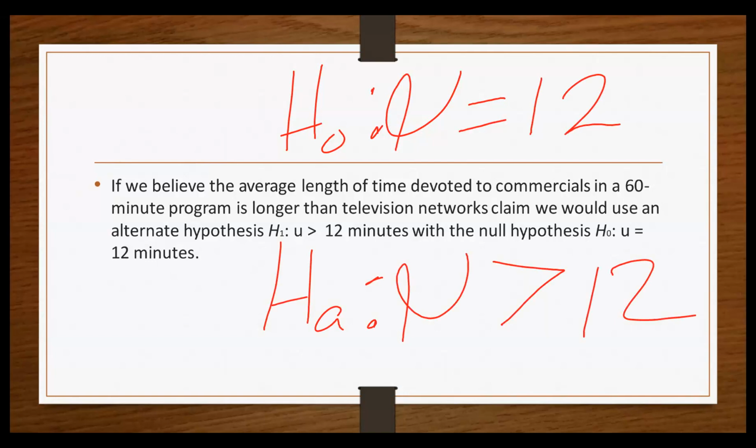So you follow the words. If you believe it's less, then you will put less. Sometimes they may not use these common words like less or more. They can say, if you believe that the claim exaggerates, meaning it is putting too much, like they have said the average is 12, that's too much.